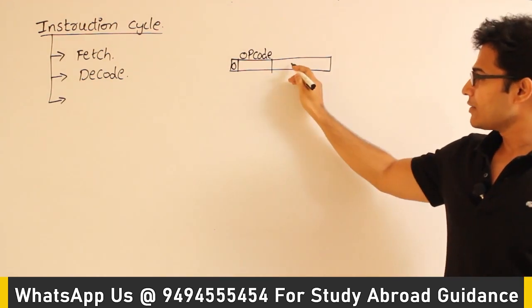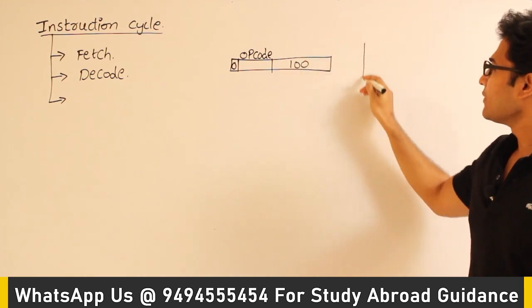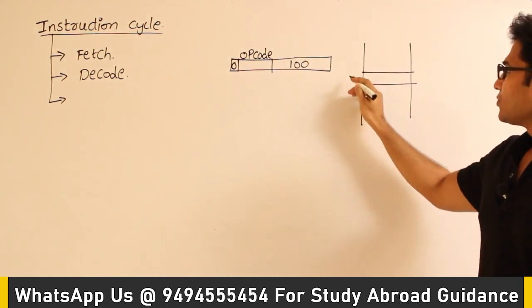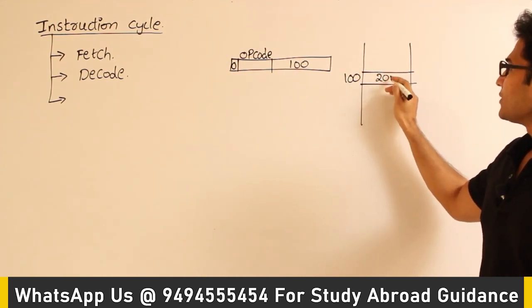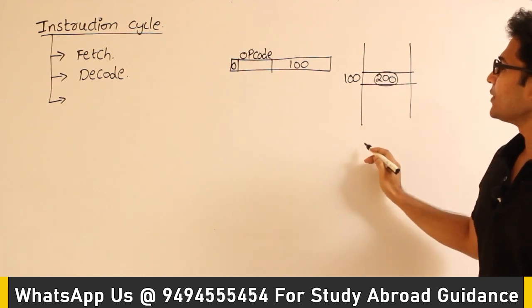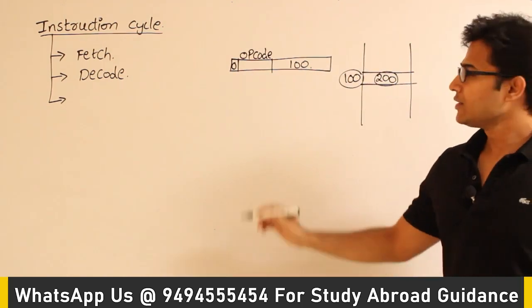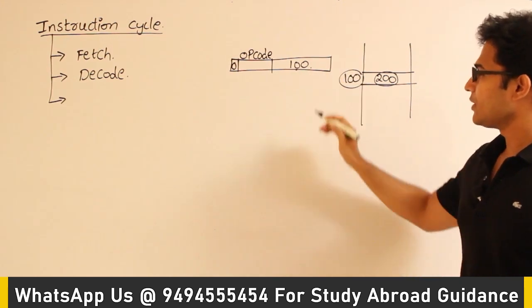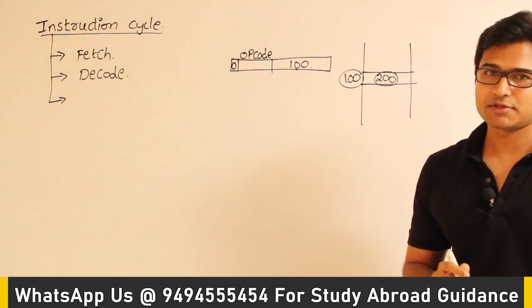So in case of direct addressing mode, whatever number is present here, if 100 is present, then you can directly go to the main memory at address 100, and whatever is present there is the operand itself. Therefore, the effective address is equal to 100 itself.